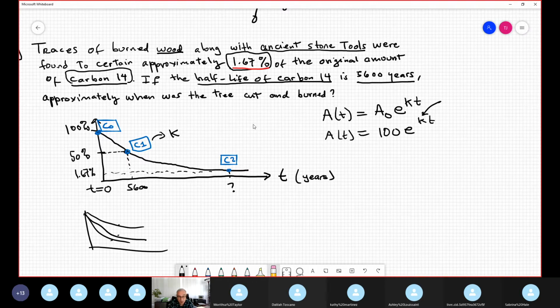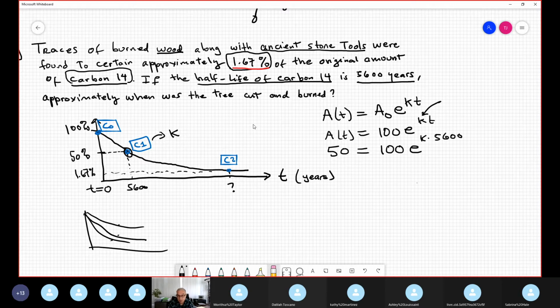Okay, so now I'm using everything in condition 1, which is 50%. 50 is equal to 100 exponential k. I don't know who is k, but I know that the time is 5600.